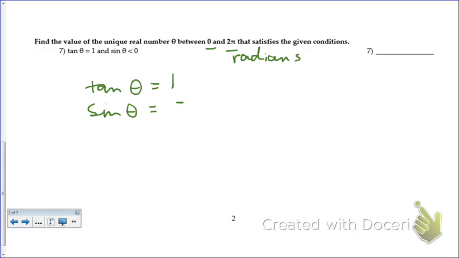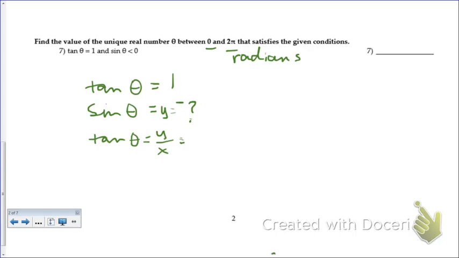Which means that since sine of theta equals y, the y coordinate where the angle is has to be negative. Tangent is y over x.